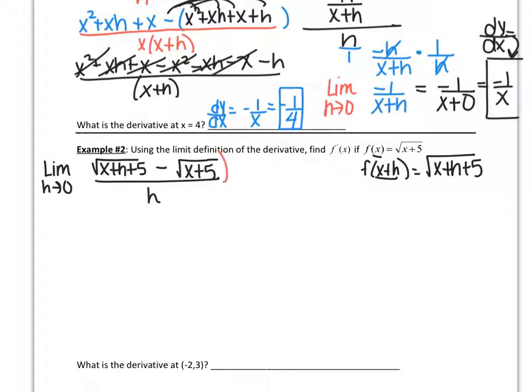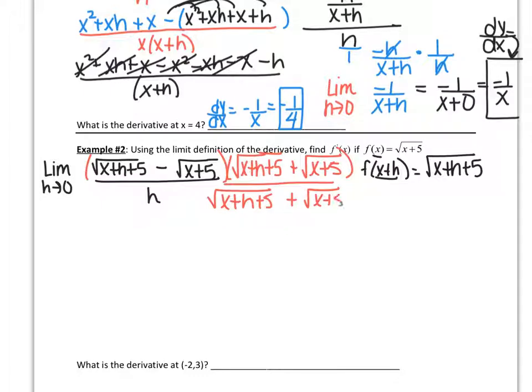So we know that we can multiply the top by the conjugate. So we're going to change the middle sign and we're going to multiply this by the top and the bottom. So let's multiply the numerators. x plus h plus 5 under a radical times this radical, which is the same thing as squaring it, so we are just left with what is inside the radical.